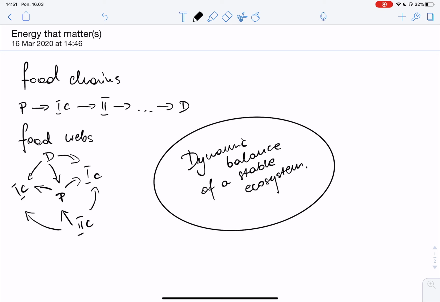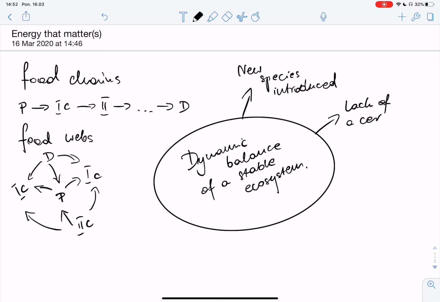But sometimes it might happen that a new species will be introduced. That means that it might be brought by humans, or something will happen to the environment that will change the whole ecosystem, so some of the species will disappear. And this is the second case, when we have a lack of a certain species.